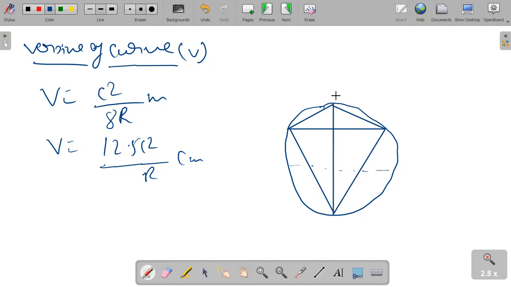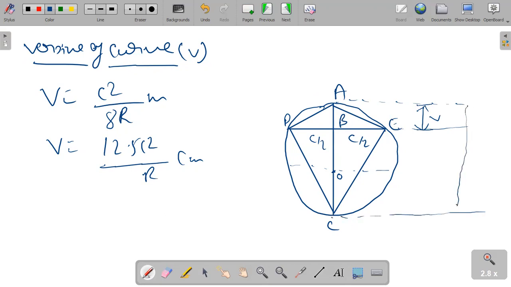Let's say this is A, this is B, this is C, this one is D, and this one is E. Let's say this is C by 2, this is C by 2. Okay, and this is the point O. So this thing from here to here is denoted as versine of curve. It is denoted as V, and this height from here to here is 2R. It is the diameter also. Okay, so yeah, this is versine of curve.